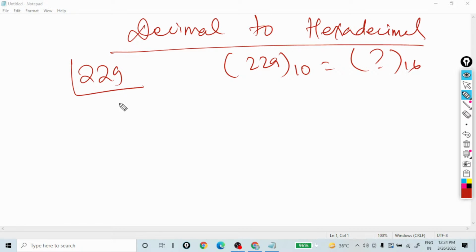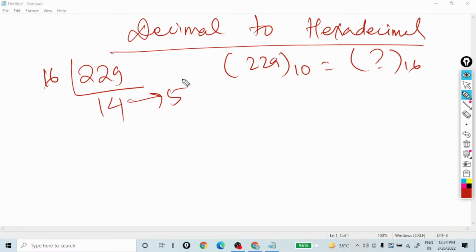So to convert to hexadecimal, here we will divide by 16. So the quotient is 14. Right? 14 and the remainder will be 5.